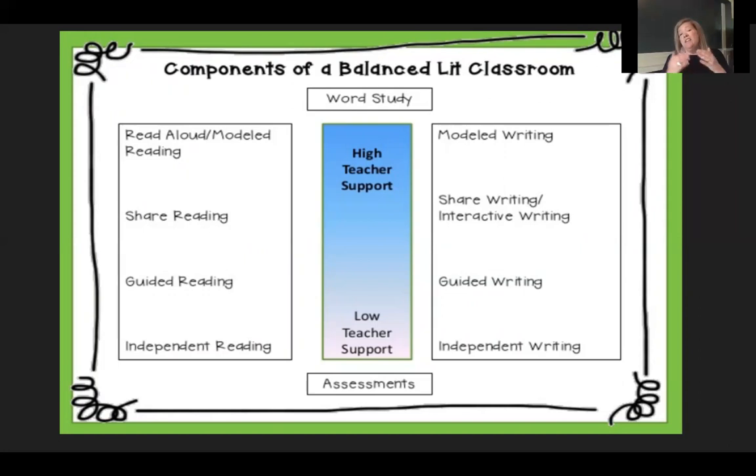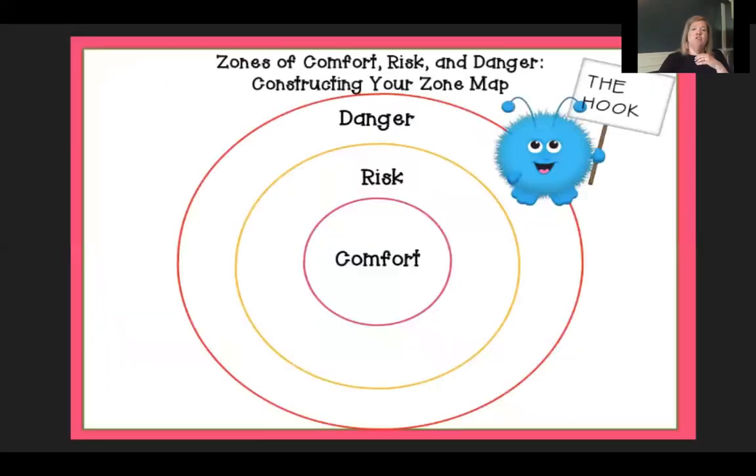And then independent is the lowest teacher support. So you see that gradual release model from other research studies that really show that that's an effective strategy for students and instruction.